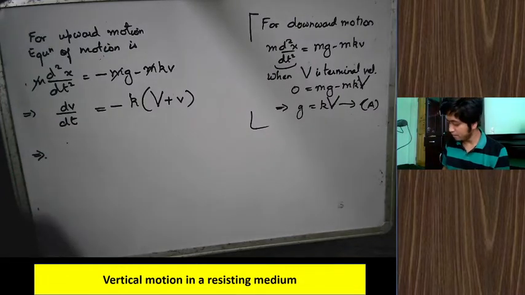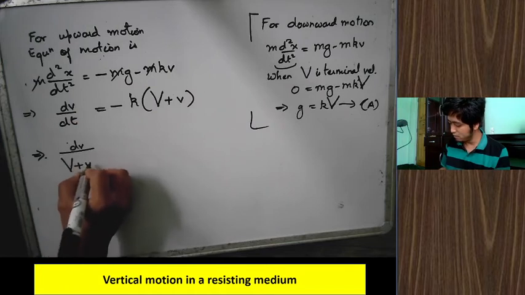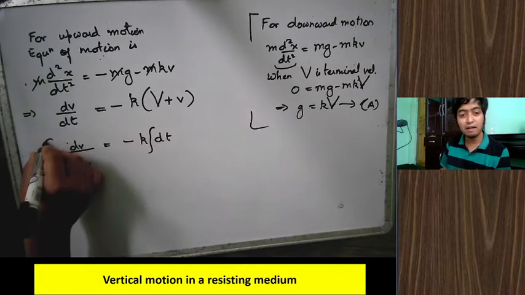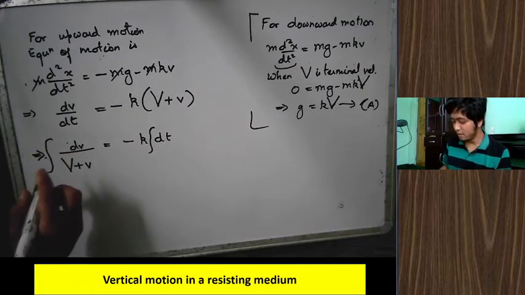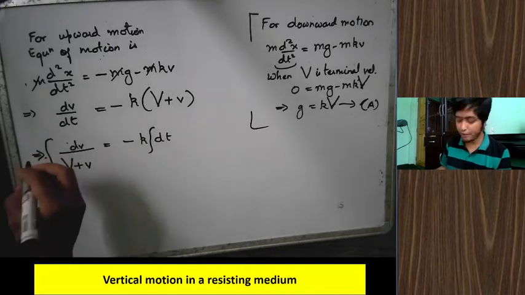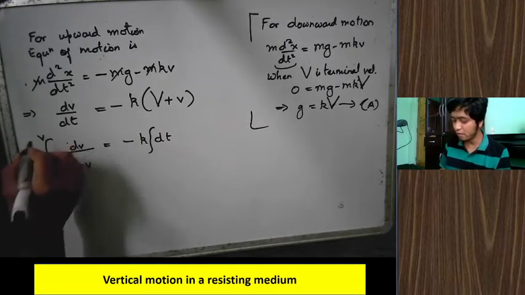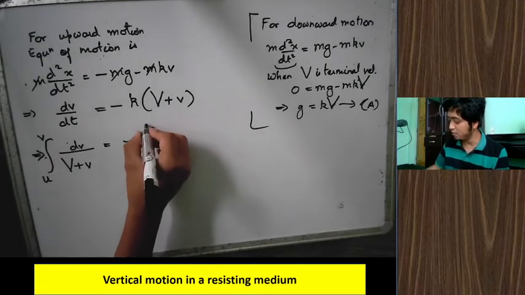Now we just separate the variables: dv over V plus v equals minus k dt. We will integrate. Now we put the limits. The particle is starting from the point O, so the velocity is u. It will reach the point P, so the velocity is small v. Over here the time is 0 up to t.